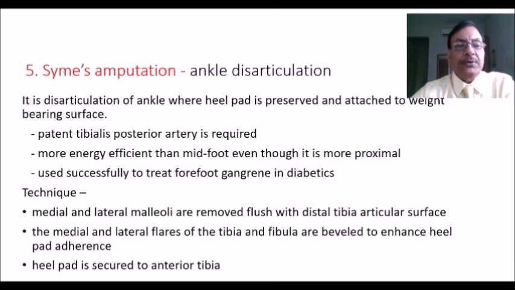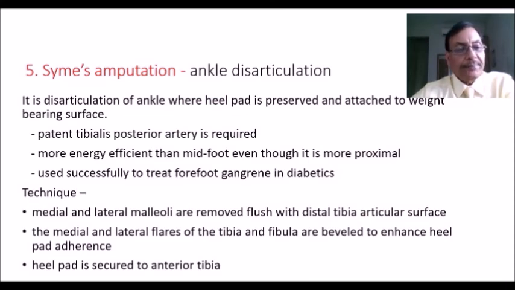In this particular Syme's amputation, the requirement is that there should be a patent posterior tibial artery. Syme's amputation is more energy efficient than mid-foot amputations, even though it is more proximal, and it is used successfully to treat forefoot gangrene in diabetes.